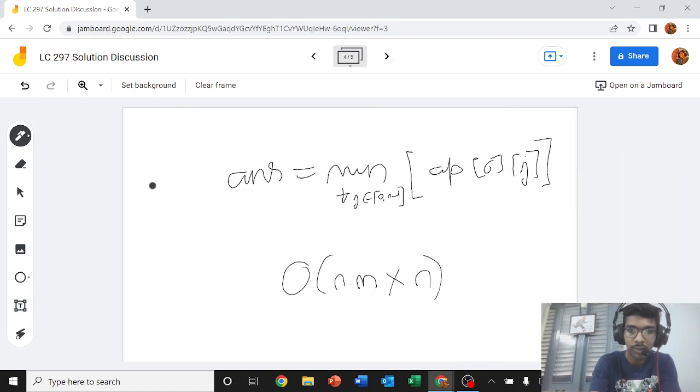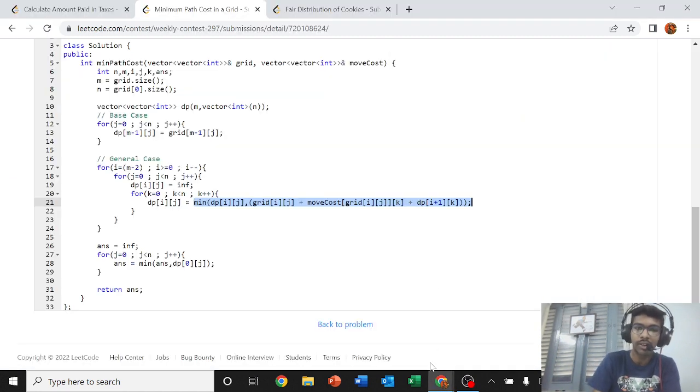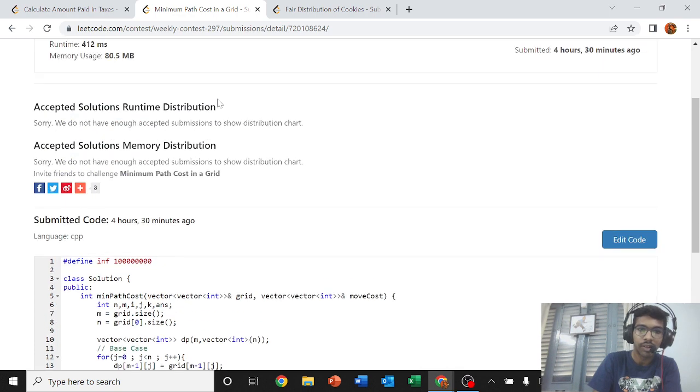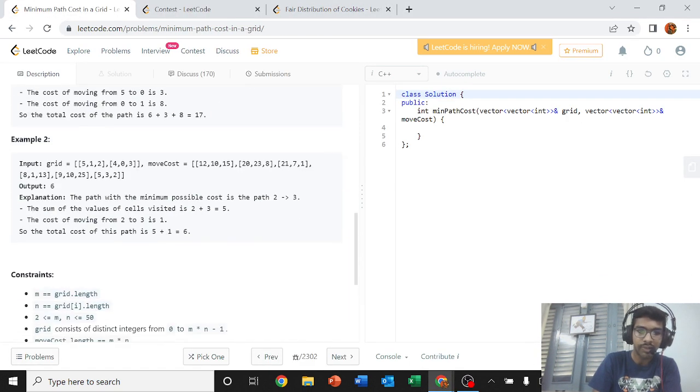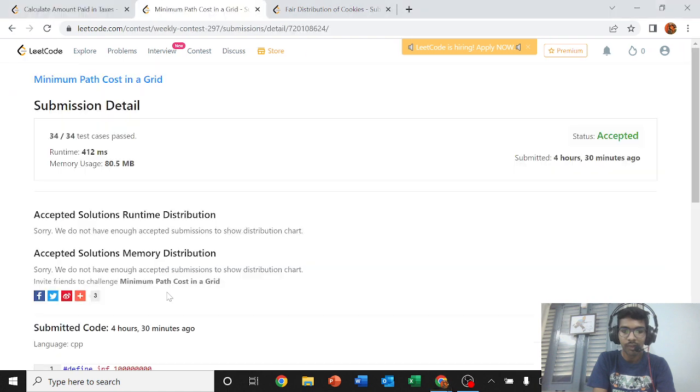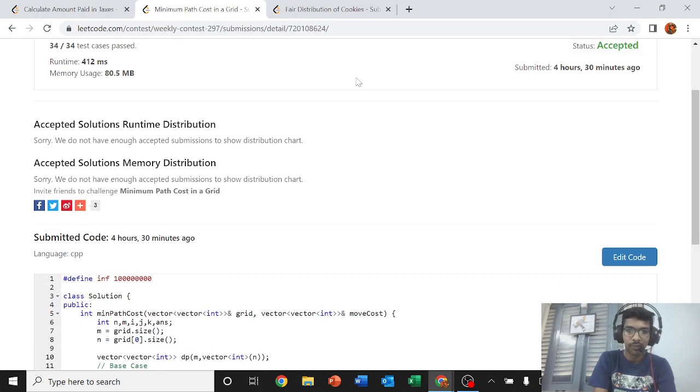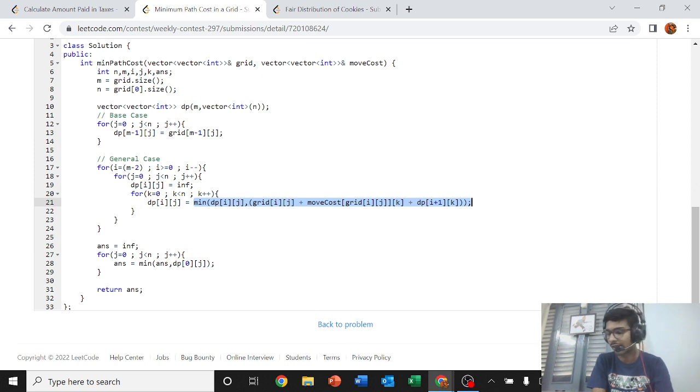So this is the time complexity, and it fits well within the constraints because the constraint was n and m less than or equal to 50. The cubic solution fits the time constraints comfortably, and space is also order of n into m since we're using a DP array. So that was it for the second problem.